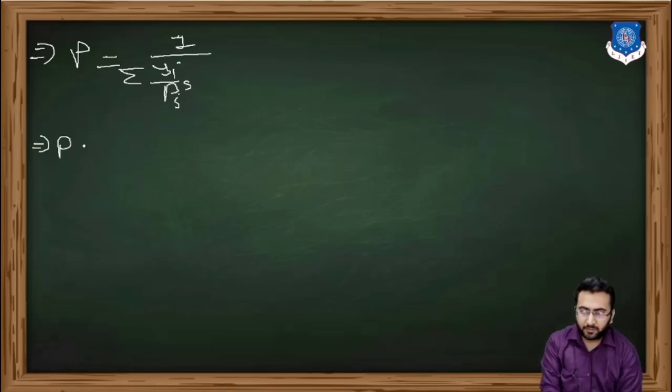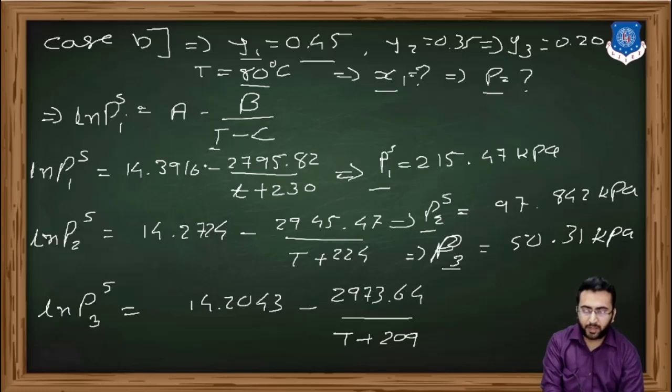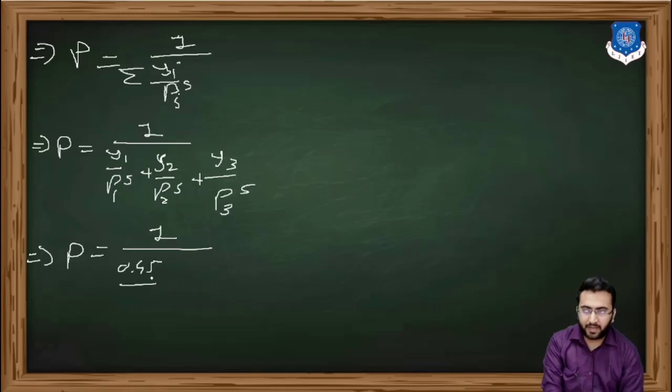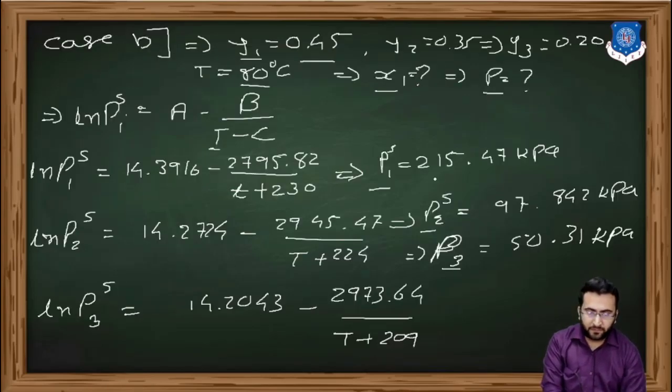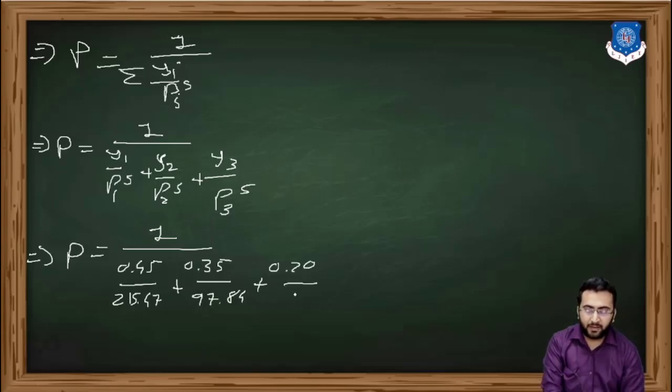For 3 components, this equation becomes P is equal to 1 upon Y1 upon P1S plus Y2 upon P2S plus Y3 upon P3S. In the statement the values of Y1 and Y2 are given, so we can easily find P. So P is equal to 1 upon 0.45 divided by P1, which is 215.47, plus Y2, which is 0.35, divided by P2, which is 97.84, plus Y3, which is 0.20, divided by P3S, which is 50.31.